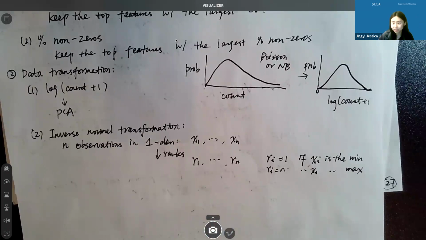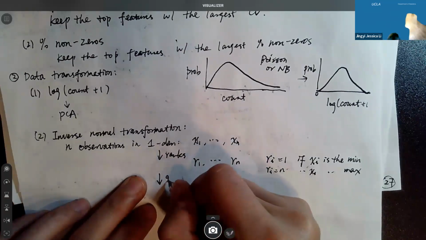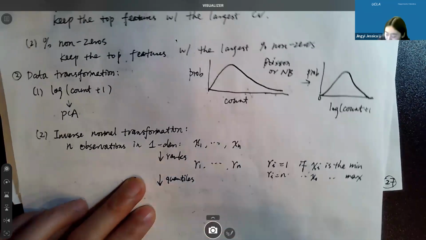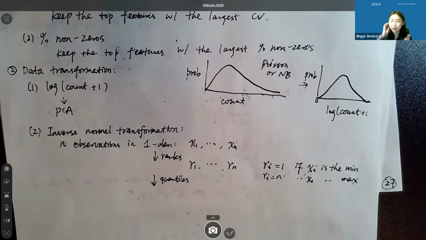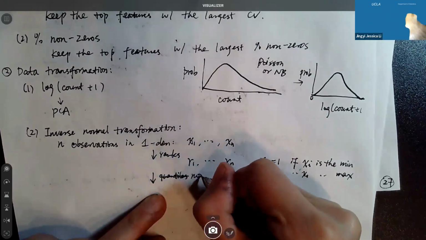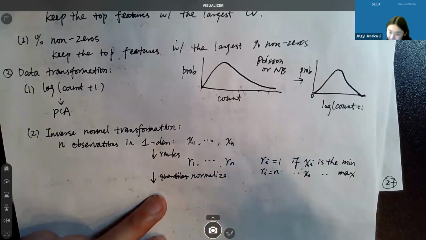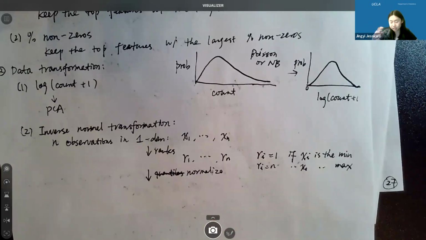And then what you can do is convert the ranks to quantiles. Not yet quantiles, I should say normalize the ranks. By normalize, I just want to make the ranks between 0 and 1, not exactly equal to 0 or 1, because the quantile of 0 in the normal distribution equals negative infinity, and the quantile of 1 equals positive infinity.